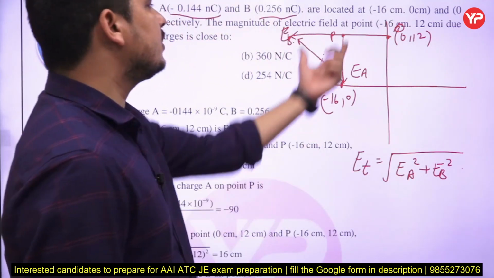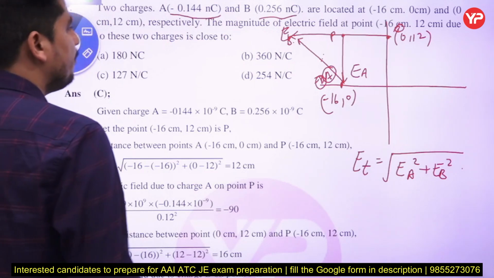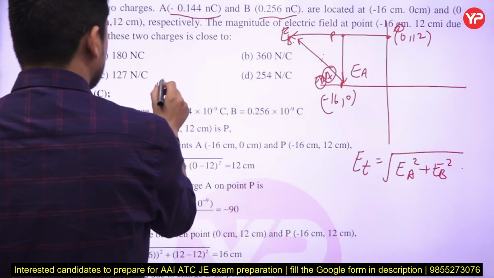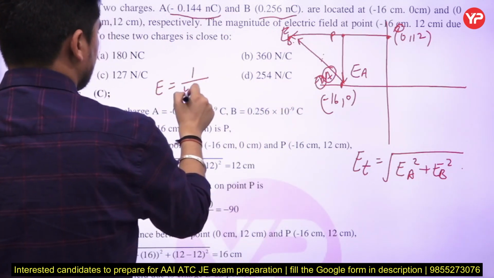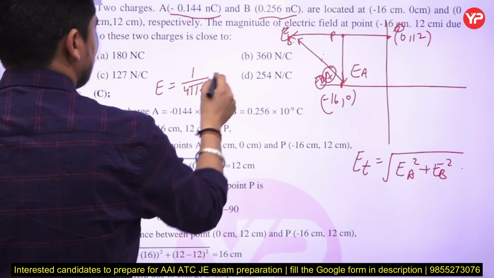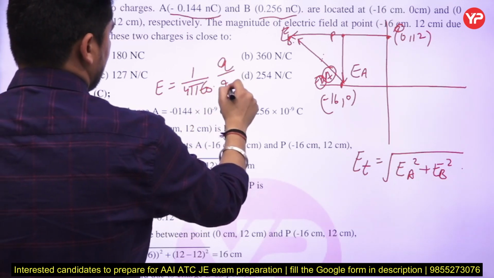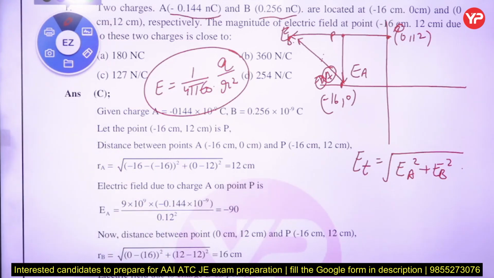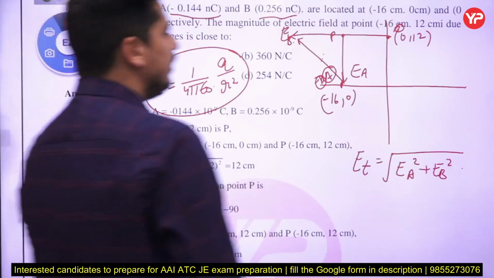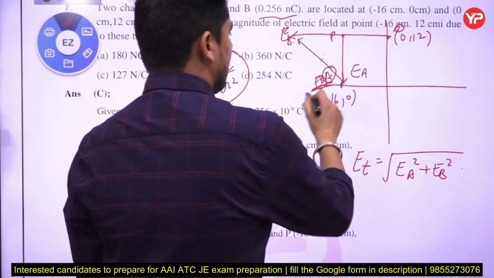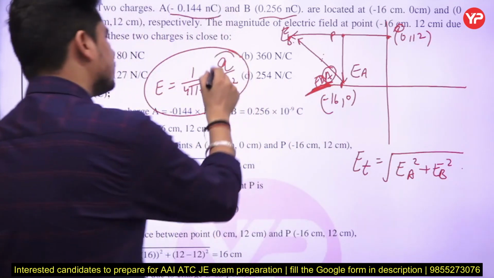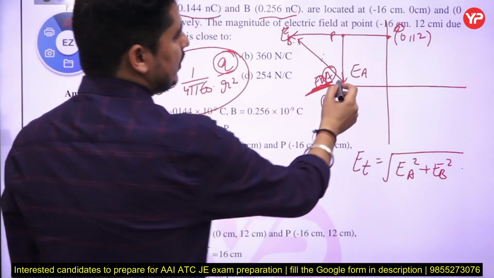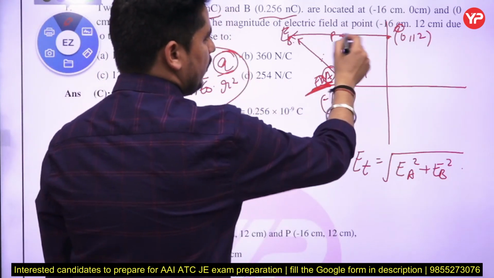Now, the electric field due to a point charge is given by 1 upon 4 pi epsilon naught times Q upon R squared. This is the magnitude of the electric field. If you are calculating due to charge A, you have to put the value of QA and the distance between this point and this point.